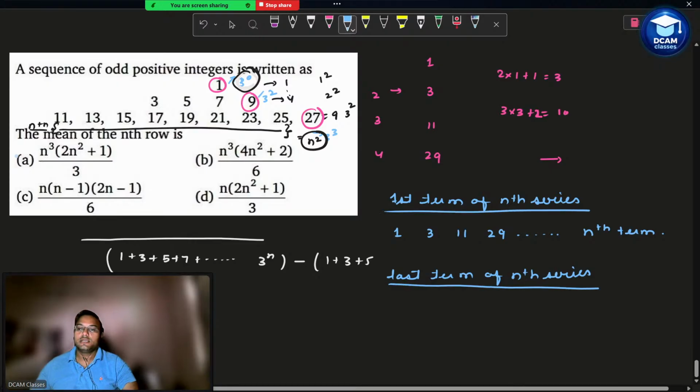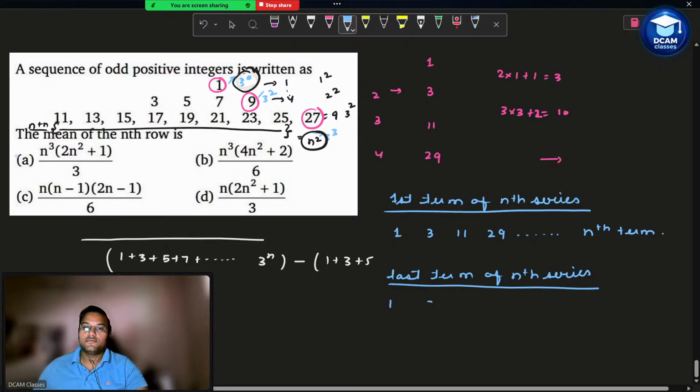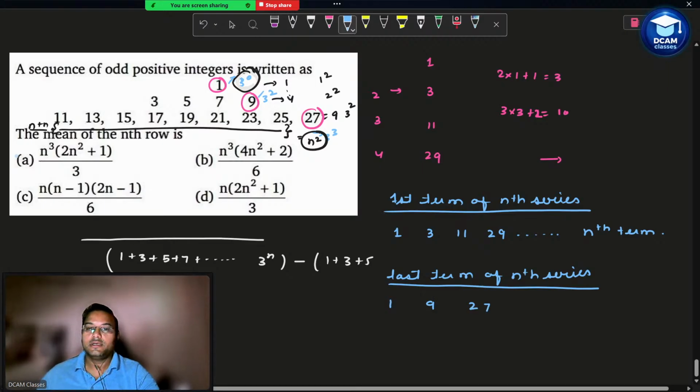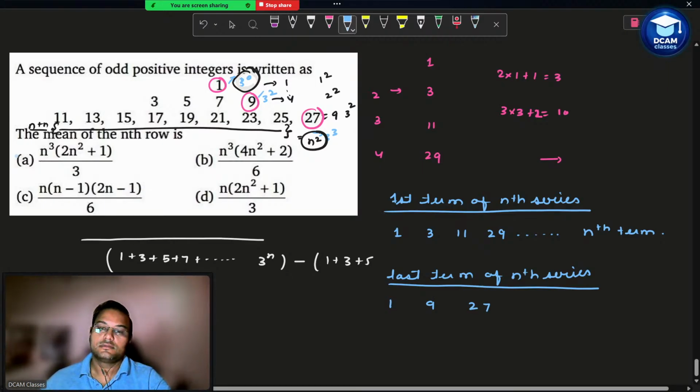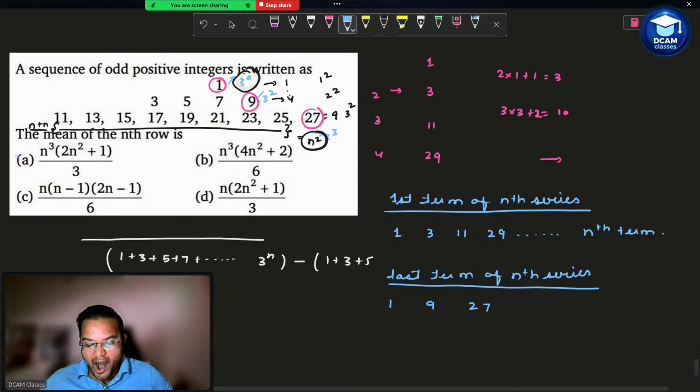The last term will be 1, 9, 27. 16 terms will be there, no? What will be the last term?